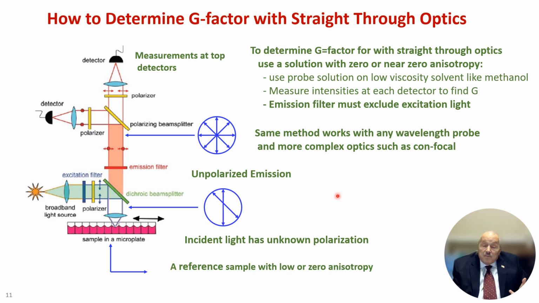So the way you determine a G factor in a microscope, even a confocal microscope, is to put in a sample with low anisotropy and then measure the intensities at your two detectors, which are through polarizers oriented at different orientations, and that will tell you what your G factor is for the measurements.